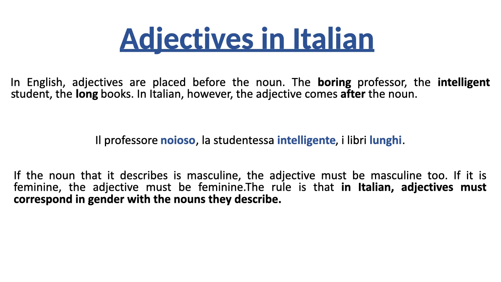Or speaking in more technical terms, the adjective must correspond to the noun in terms of gender. Right? Let's look at a couple examples. It's all about boring professors today. So, il professore noioso, that is the boring professor. Notice noioso coming after professore.